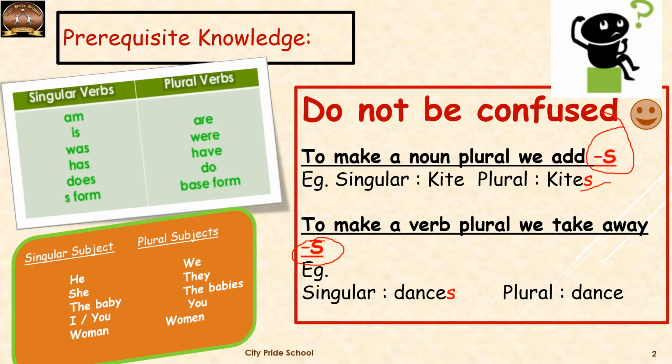For example, dance becomes dances to change it into singular. Or I can say it vice versa also, that singular verb dances, which possesses an S, we remove the S to change it into its plural form, that is dance.